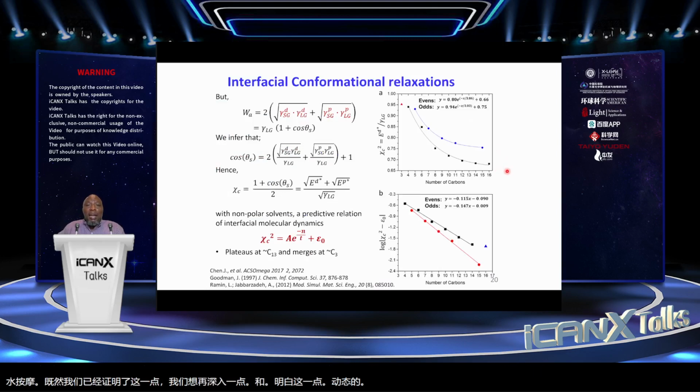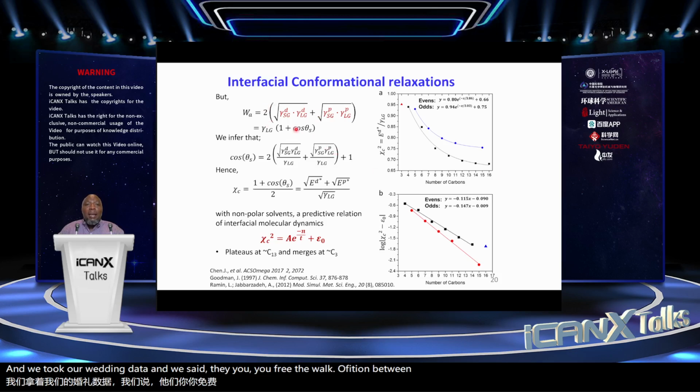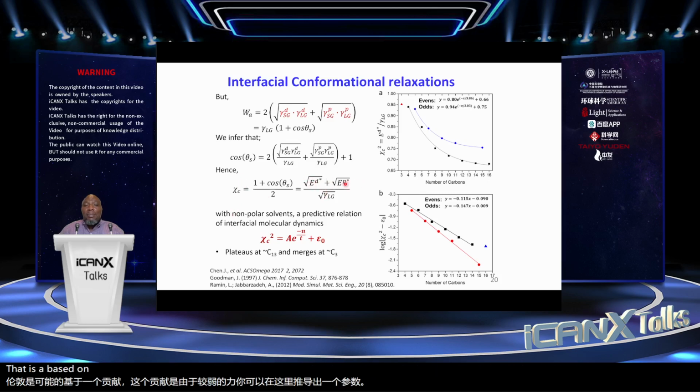And we took our wetting data and we said, if you spread the work of adhesion between the London dispersive forces based contribution and the contribution due to the polar forces, then you can deduce a parameter that is based on the proportional contribution of each of these forces.